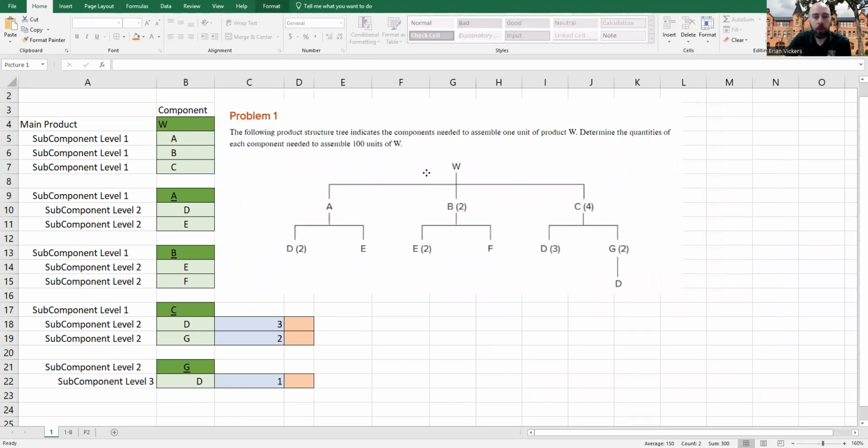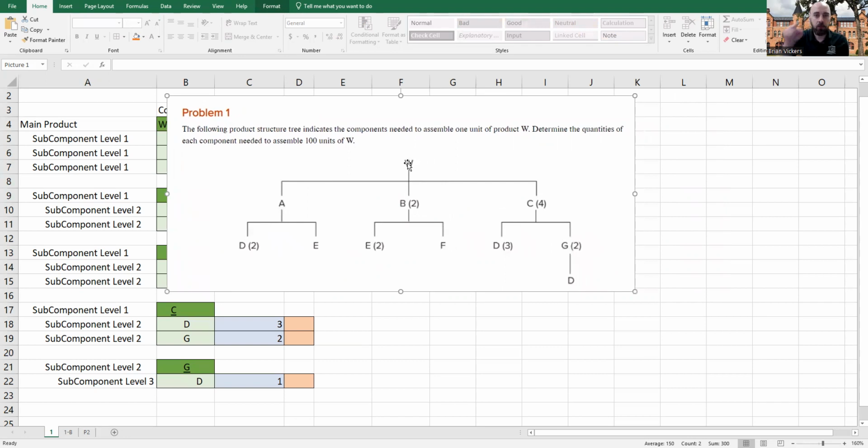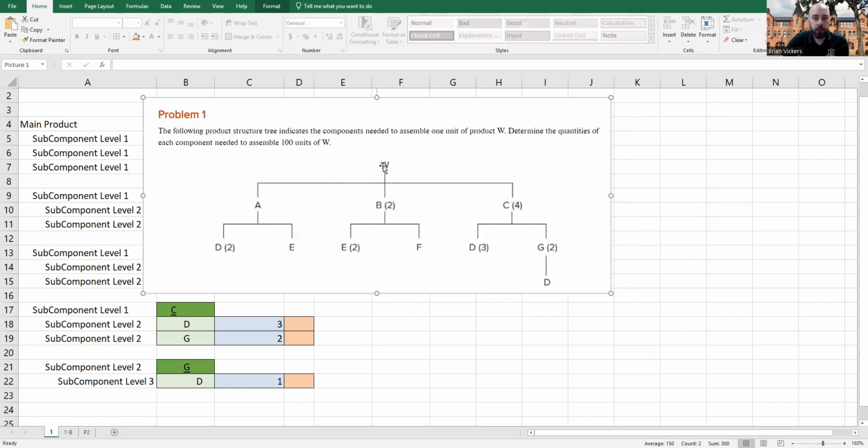If we were doing this quickly, even mentally, you don't really need a calculator for some of these. What's happening here is that every time you take 1 step down the tree, you're multiplying the number of requirements as you go. So for example, W is 1, A is 1, 1 times 1 is 1, and then 1 times 1 times 2 is 2.